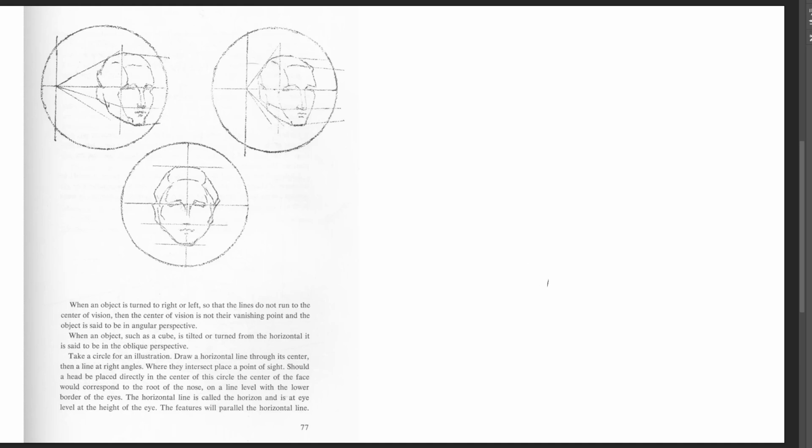So to do this, you would first draw your 60-degree cone of vision, then find your horizon line. Then somewhere within this, doesn't matter where you put it, there will be a vanishing point. He's indicating that by putting a vertical line in there. That's the crosshairs for the vanishing point.